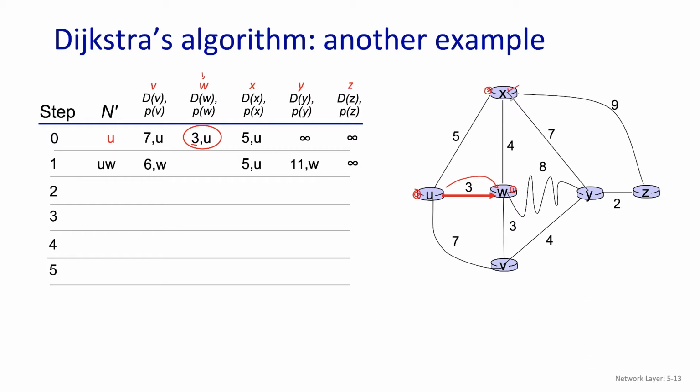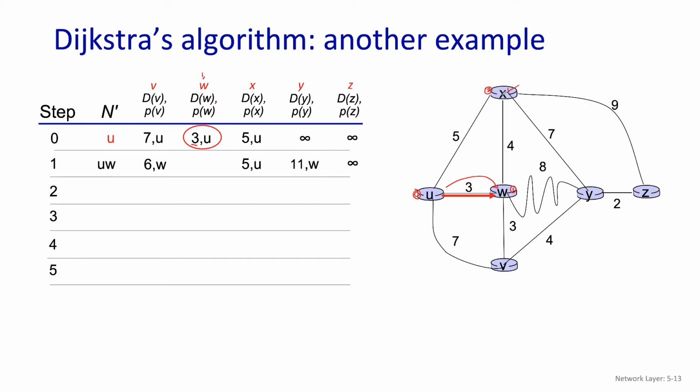Now let's go with the direct ones. I can go to W, which is 5 plus 4. But W here is already 3, so it's already its minimum. I don't need to update it.